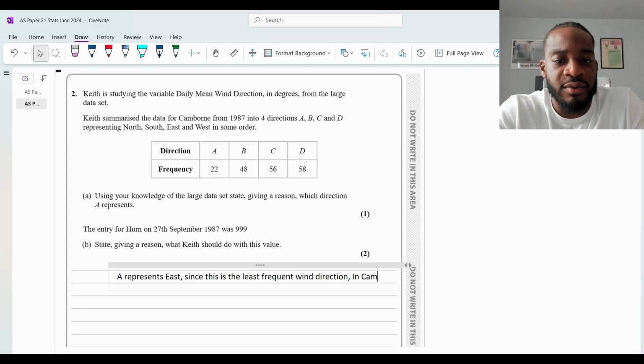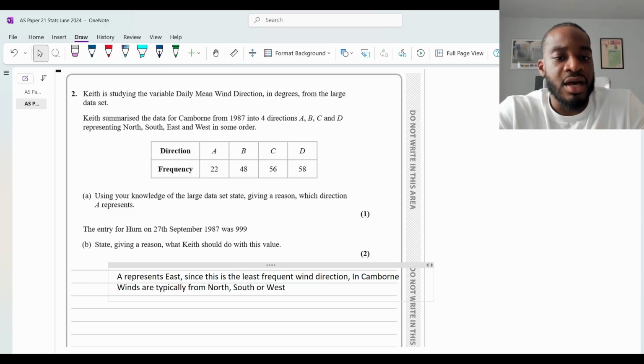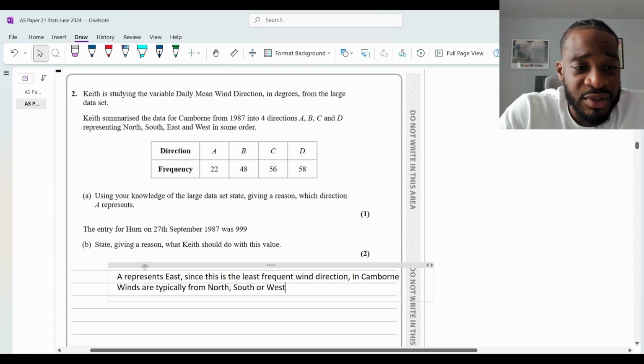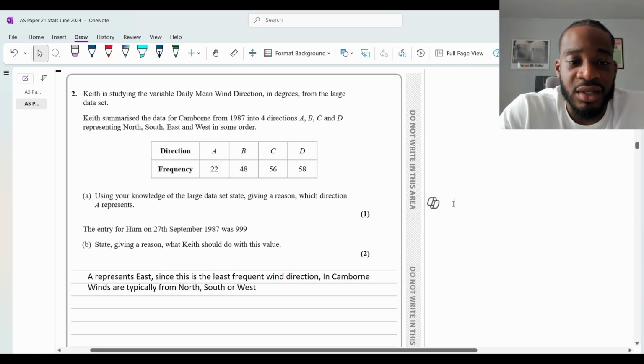Just from the large data set, let me write this: winds are typically from north, south, or west. And apparently they want you to know that, because the only way I was able to do it is by looking at the actual data. So yeah, that is the answer for part A.